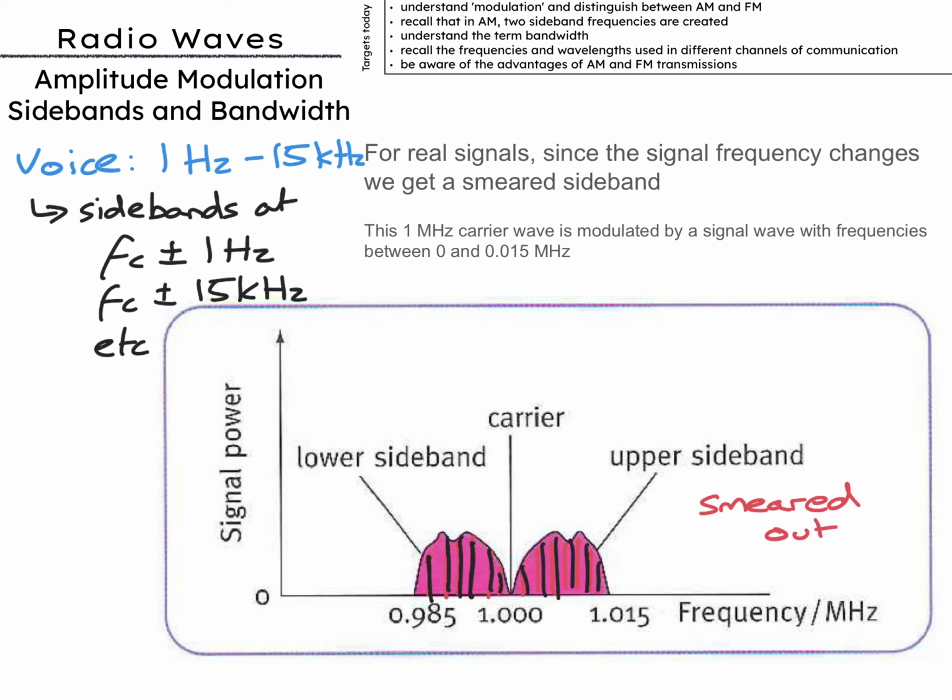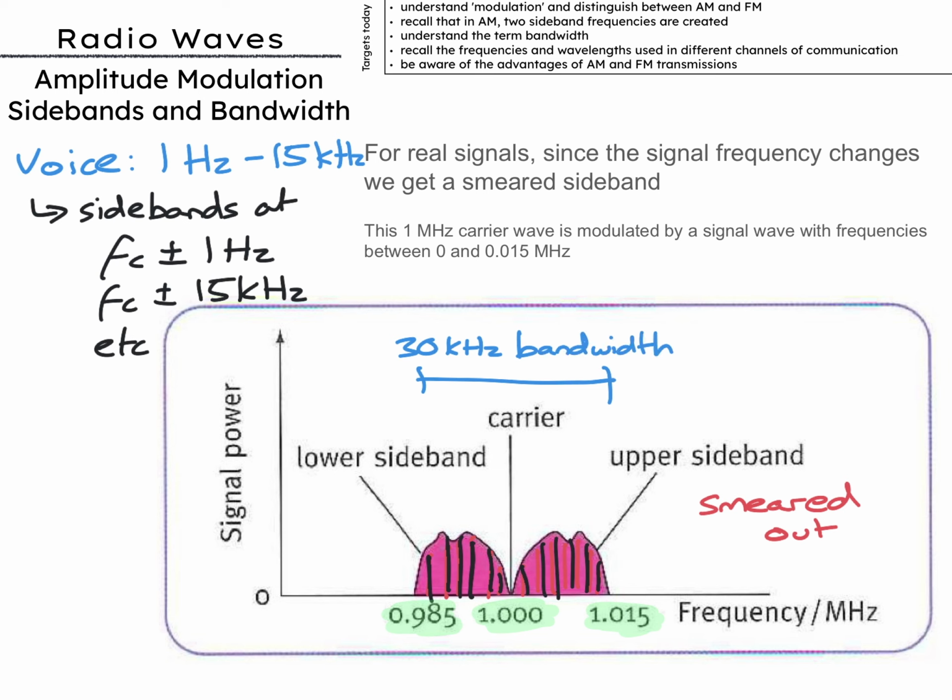I can put some numbers in. Let's say the carrier wave is exactly 1 MHz. So the upper sideband will stretch to 1.015 MHz and the lower sideband down to 0.985 MHz. The bandwidth is the range of frequencies that the transmitted wave occupies, which in this case is 30 kHz.